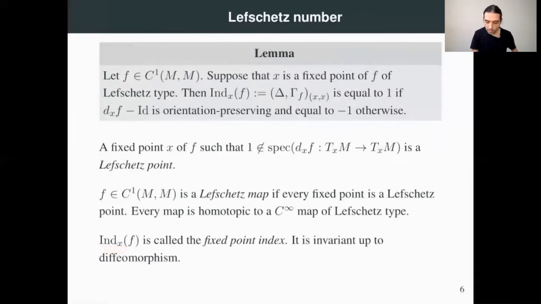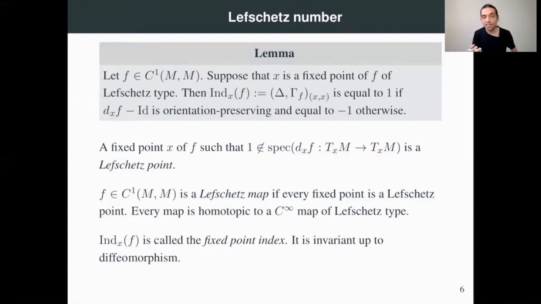This intersection number over here is called the fixed point index of the fixed point x, and it is invariant up to diffeomorphism. Indeed, if, for instance, you consider a matrix associated to this map, and that matrix is, for instance, A, we consider A minus the identity.